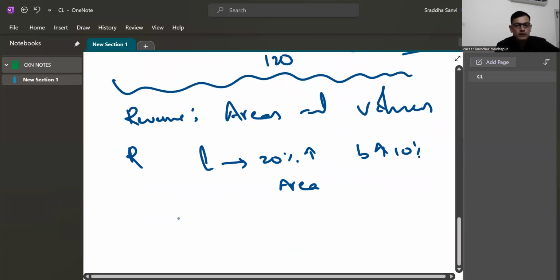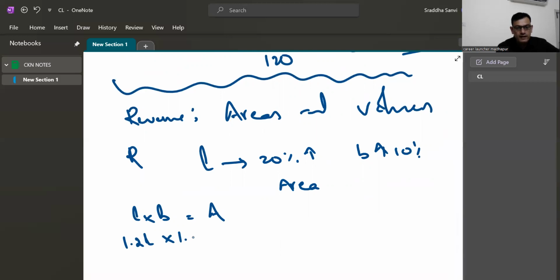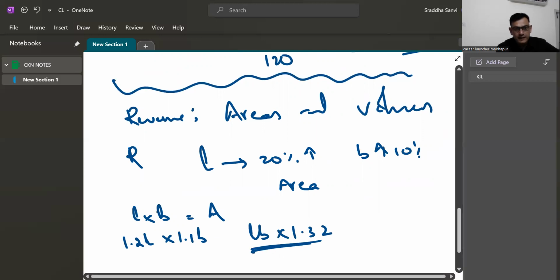If I have to solve this question, I will take the initial length as L and the initial breadth as B. So the area is L into B. Now the length is 120%, which is 1.2 L, and the breadth is 110%, which is 1.1 B. LB is common, 12 into 11 is 132, so 1.32 into LB.